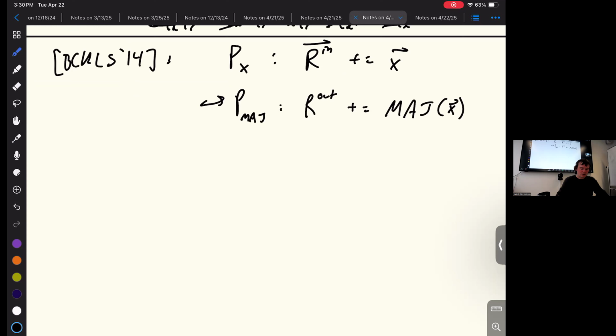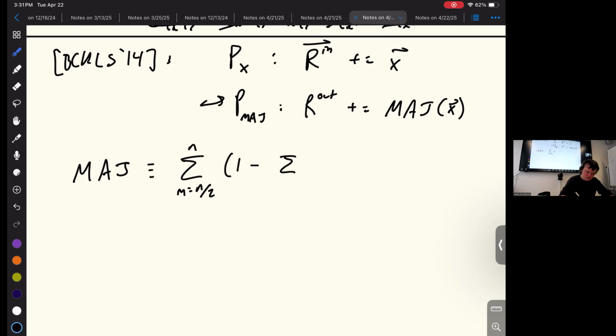Good. So the way that this works is by an arithmetic characterization of the majority function. All right, let me do this step by step.